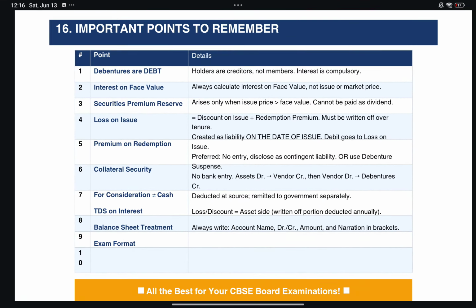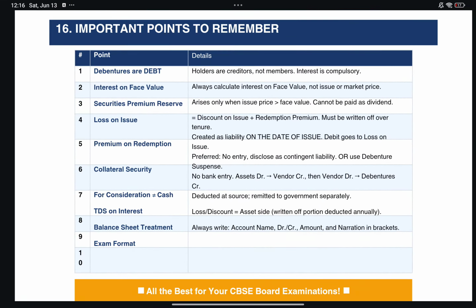There are some tips that you can remember. Debentures are debt, debenture holders are creditors, they are not members or owners, so their interest is compulsory and charged on profit. Interest always has to be calculated on face value, not market price, not issue price.